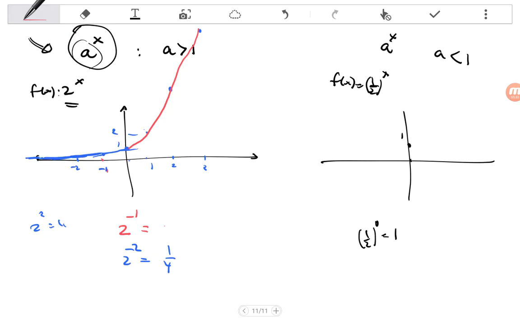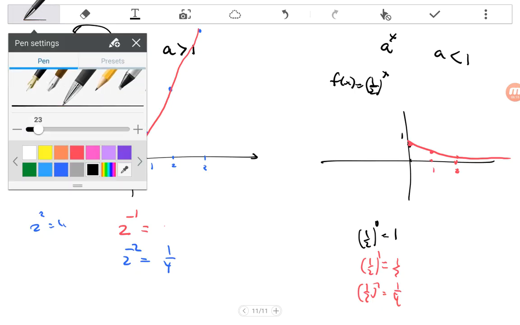Half power 1 is just equal to half. Half power 2 will just give me 1 over 4, and so on. So it will just give me a curve like this.